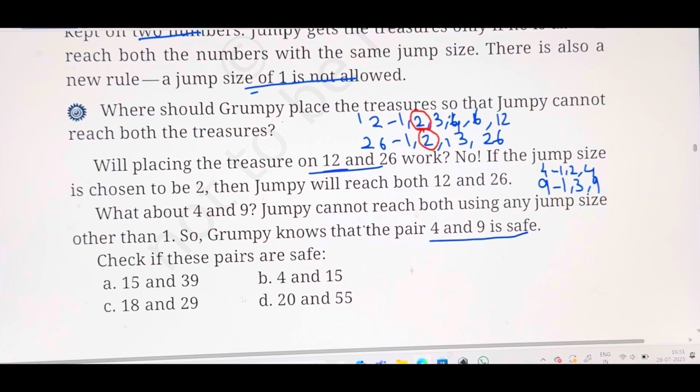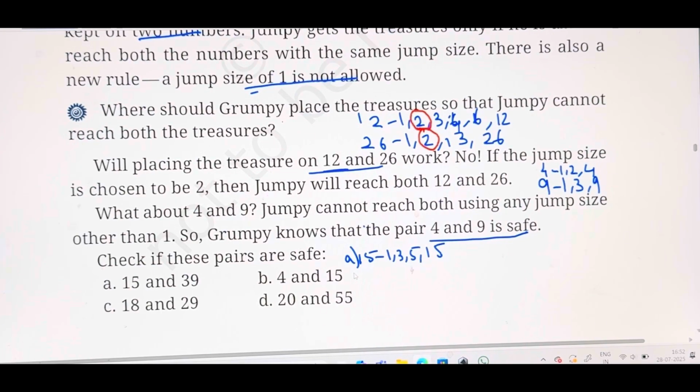So they have asked, check if these pairs are safe or not. Let us see 15 and 39. For 15, the factors are 1, 3, 5 and 15.